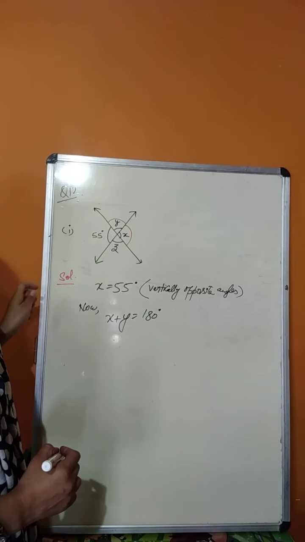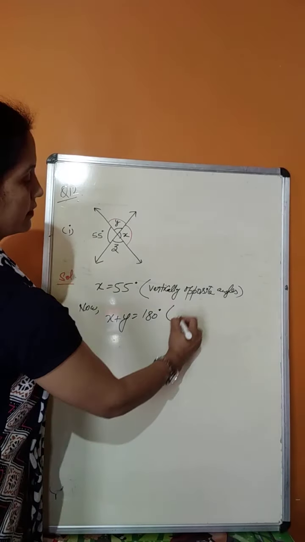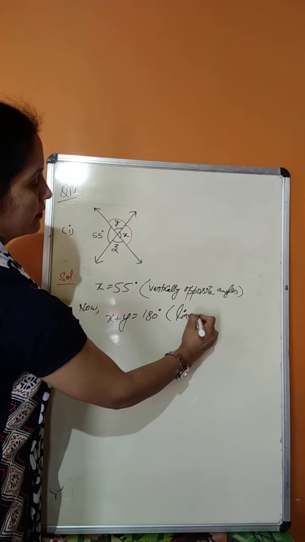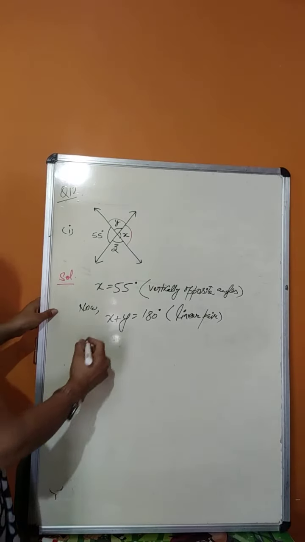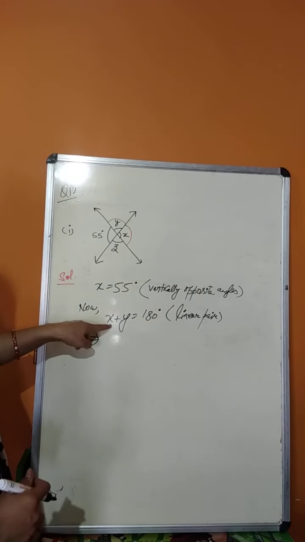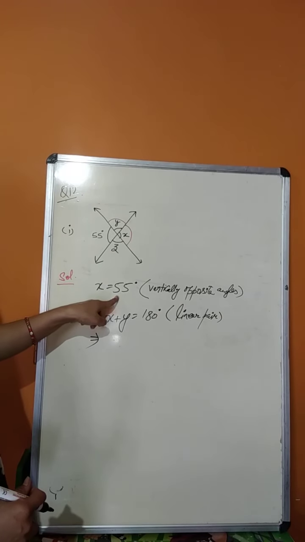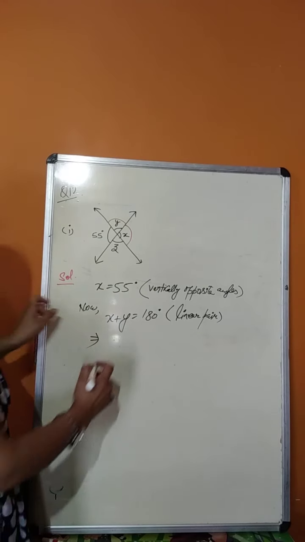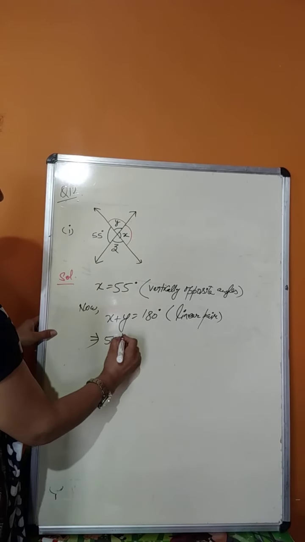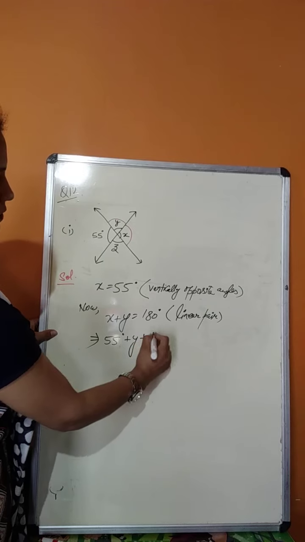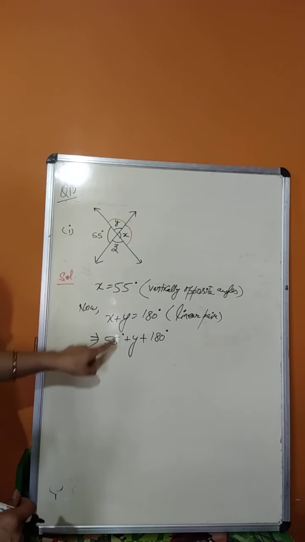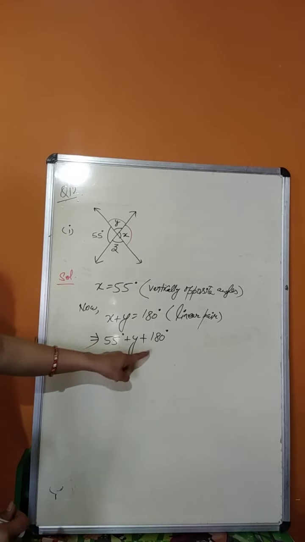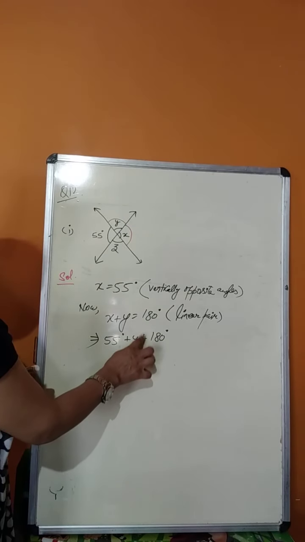Because x and y are forming a linear pair. The value of x we have already got, 55 degrees, so we can put it here: 55, y as it is, is equal to 180.